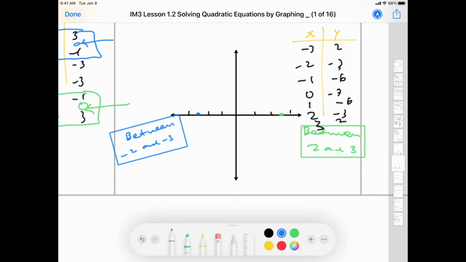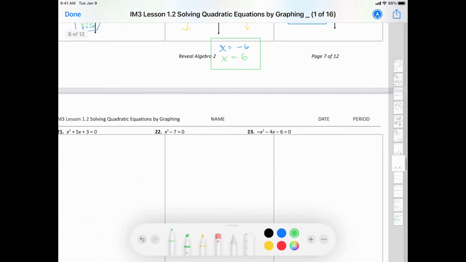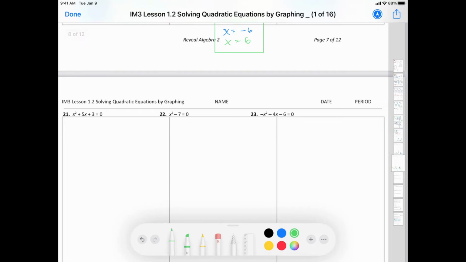So -2 and -3, the reason why is you're looking for the 0, which is between a positive and negative number, so your answer is the x values. And between 2 and 3, again, right here, right between these two numbers is a change between the positive and negative, so there's 0. And the last one for this set, let's put number 23 in.